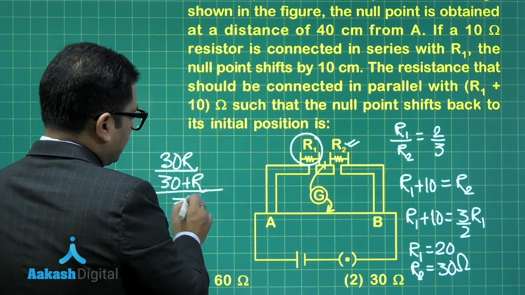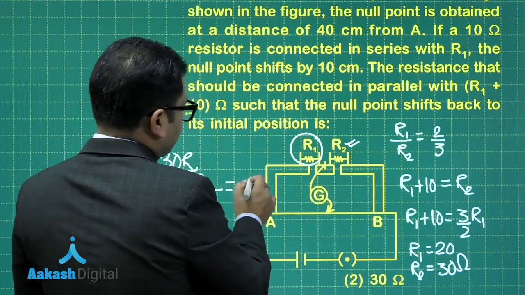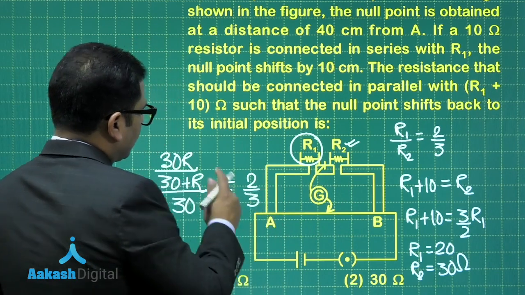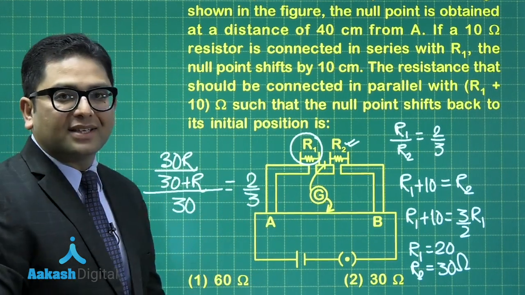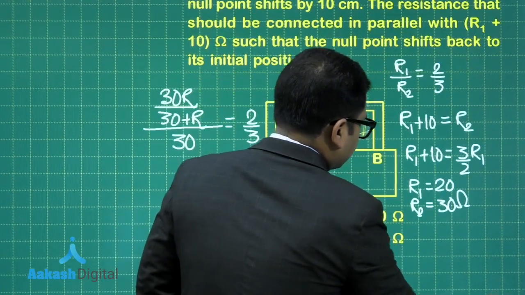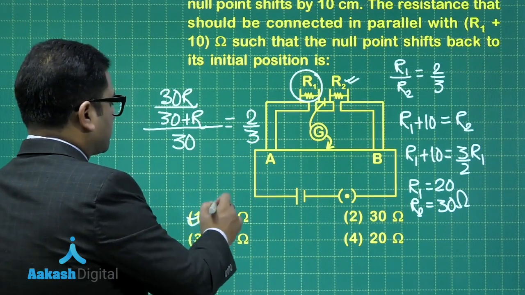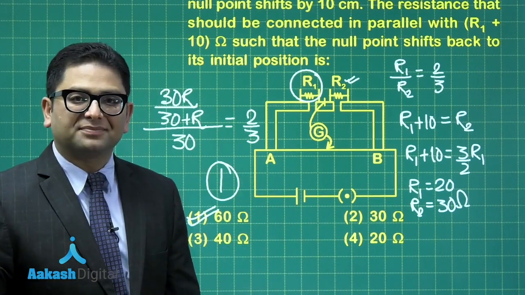R2 is 30. And back to the original, that means this will be 40, this will be 60, so that's 2 by 3. I don't think we require anything more to say beyond it. It's very self-explanatory. Now, you solve this and you'll get R as 60 ohm. So option number 1 comes out to be the correct option for this question.